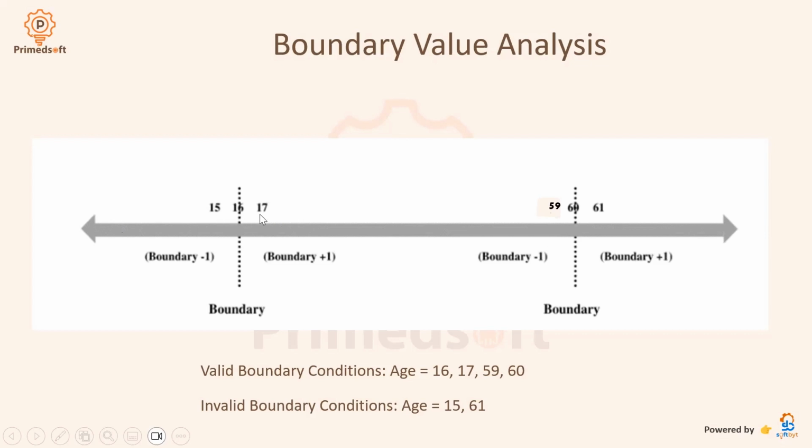You have 15, and then you have 17. Then when you come to this upper boundary, you have 60, you have 59, and you have 61. So now with this, how do we determine our valid boundary condition and our invalid boundary condition?